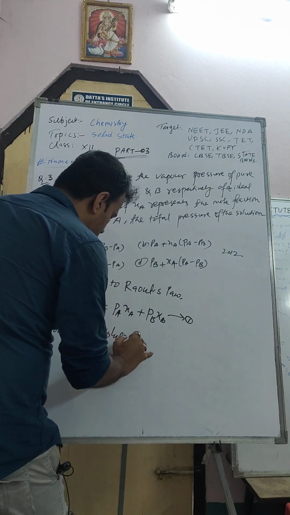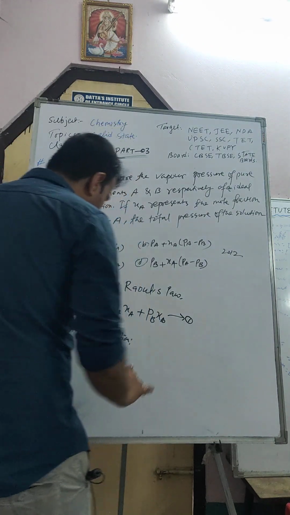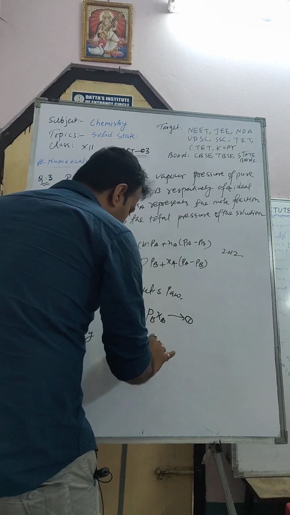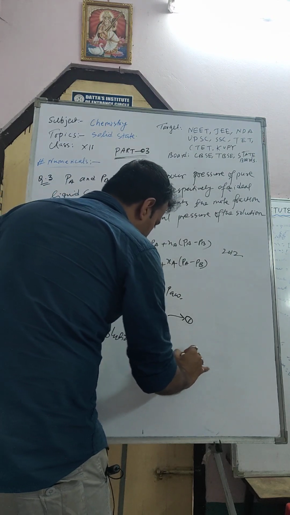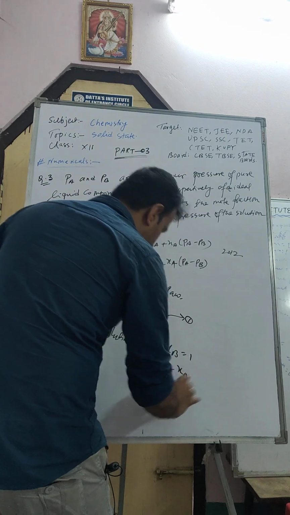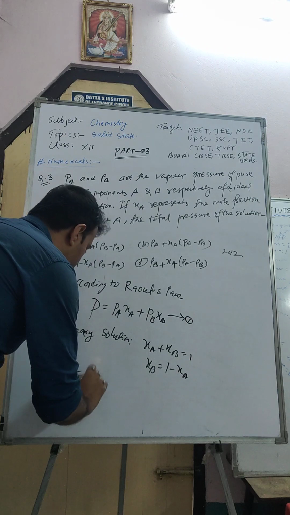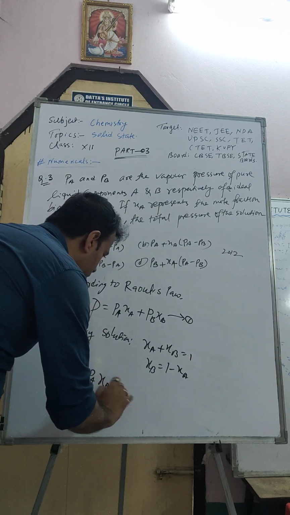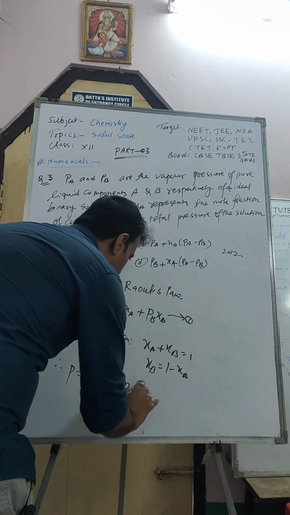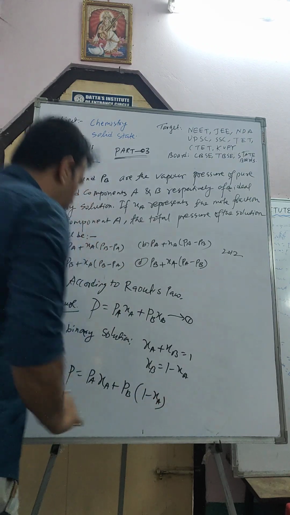For a binary solution, XA plus XB equals 1, so XB equals 1 minus XA. Now put the value of XB here. Therefore P equals PA XA plus PB times (1 minus XA).